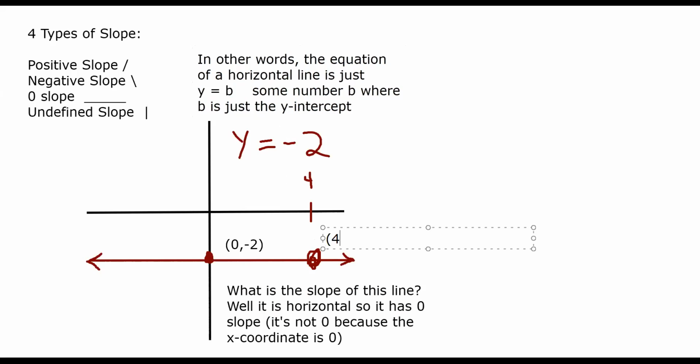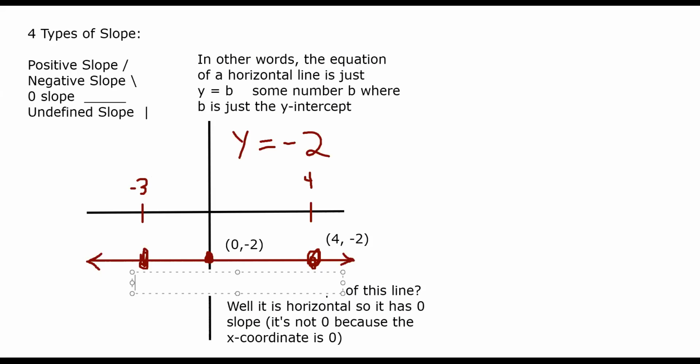So this point is (4, -2). What if I get exotic and use an x value of -3? What's the y value of this point going to be? Still -2. It does not change. So all this equation is expressing is the idea that no matter what I do to x, the y value stays the same at -2.